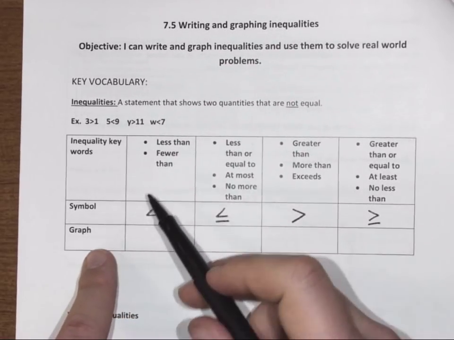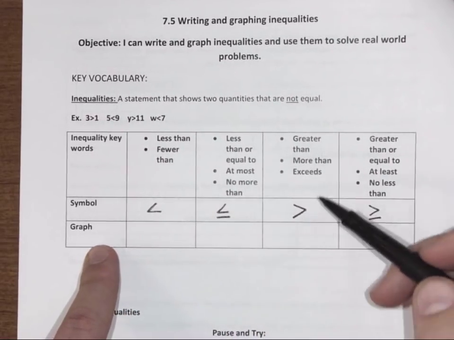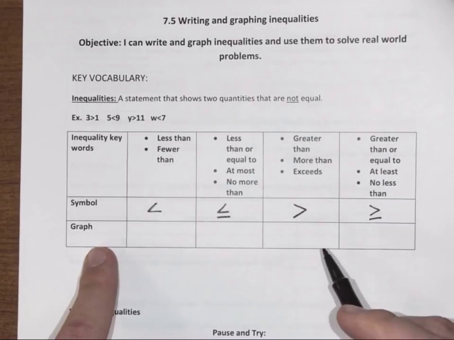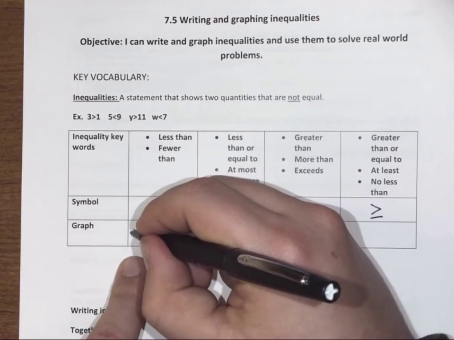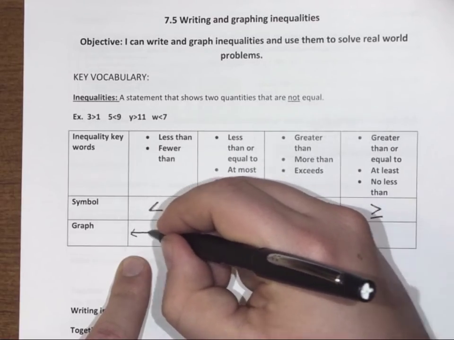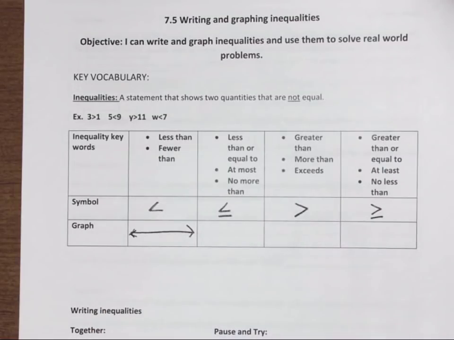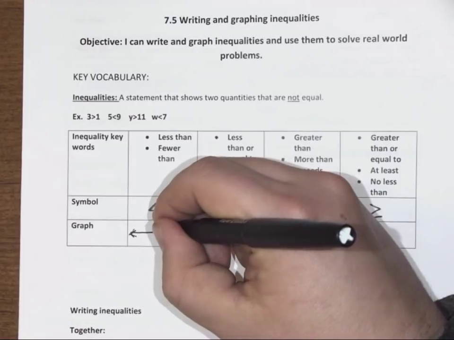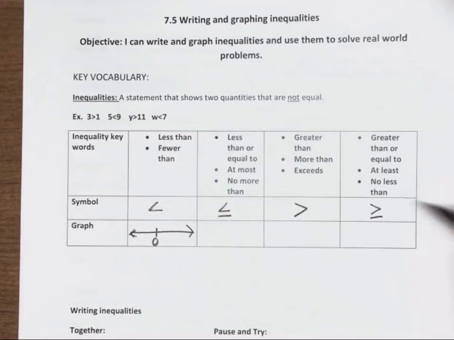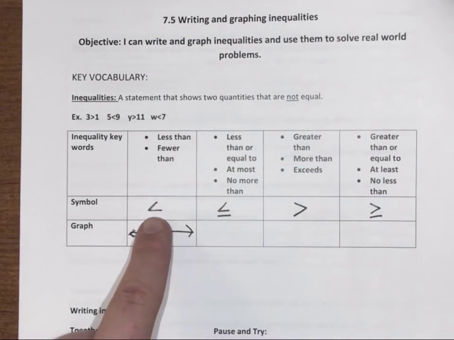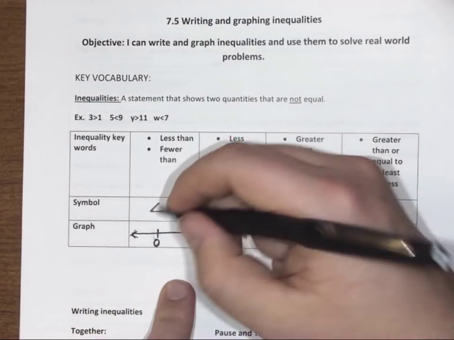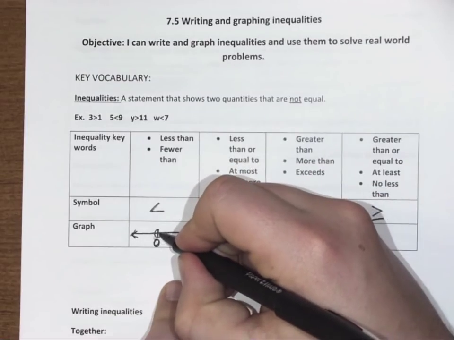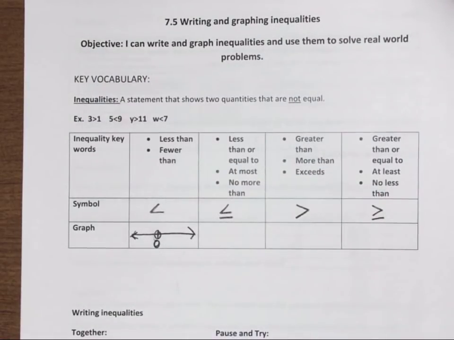How would we graph each of these symbols for a given value? Well, if we were to make a number line, and if we wanted to graph on a number line, let's say we wanted to graph something that was less than 0, then we would make sure that on our number line, we would put an open circle on the 0.